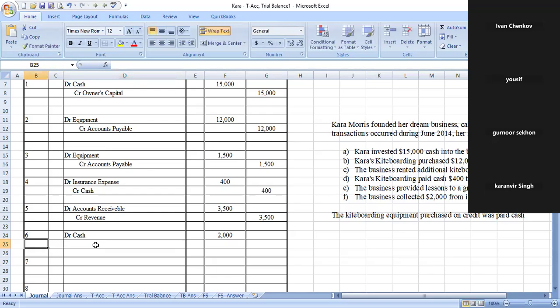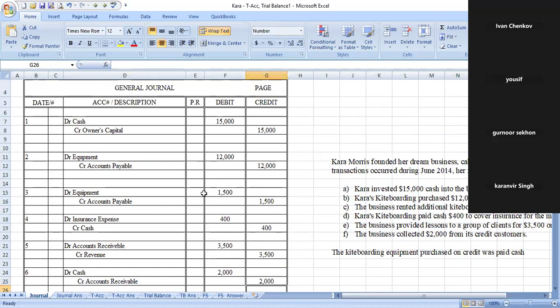Is it because the business provided a new service to the client, or because the business collected the money from the client? They collected the money from the client. So what will that be? Credit, accounts receivable, with $2,000. So we're done with the journal entries.